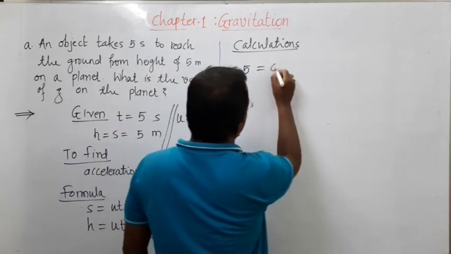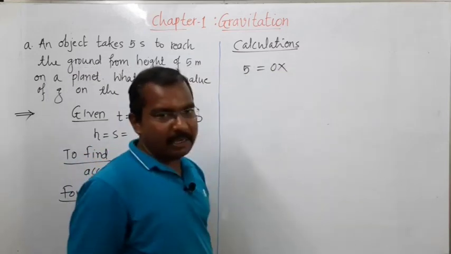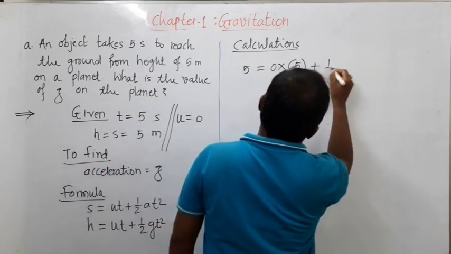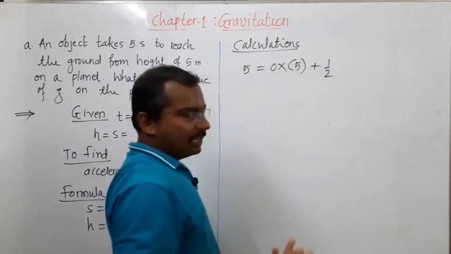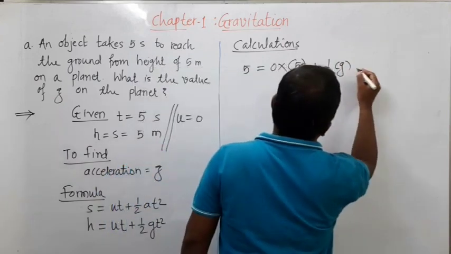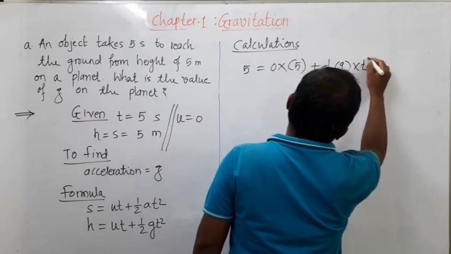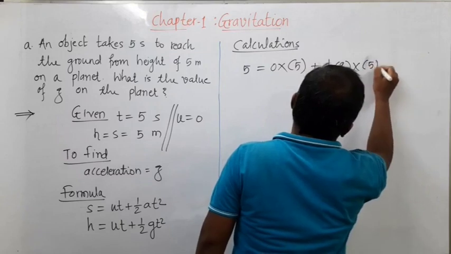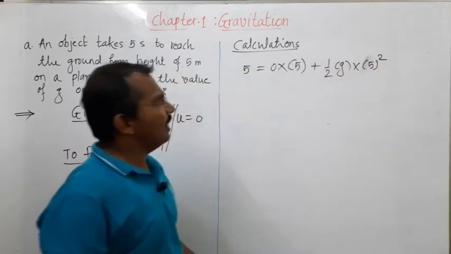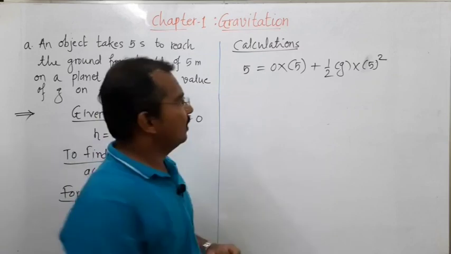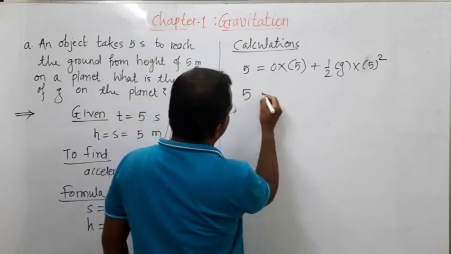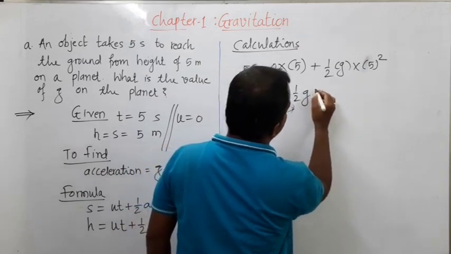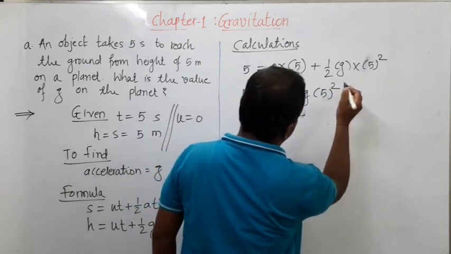So 0 into t, t is given here, 5 seconds, plus 1/2, we have to calculate g, into t square, that is 5 square. So 5 will be as it is: 5 = 0 + 1/2 g times 5^2.